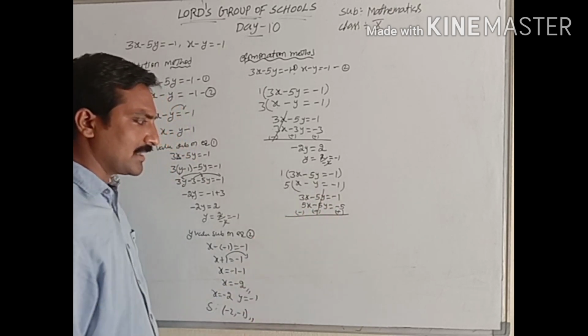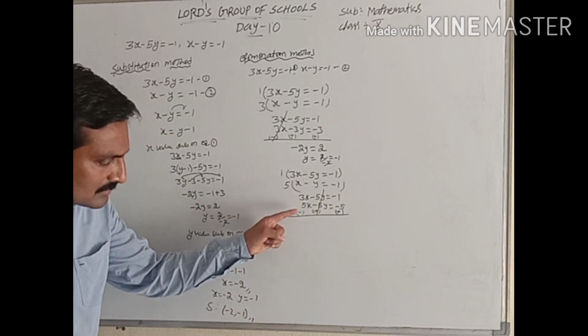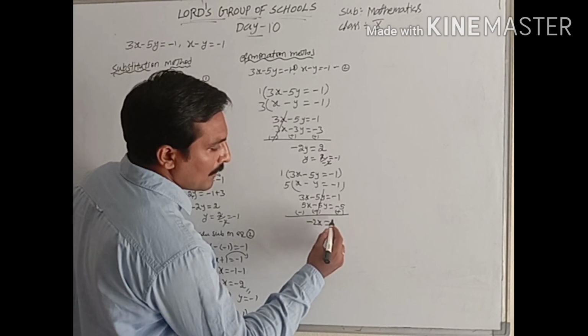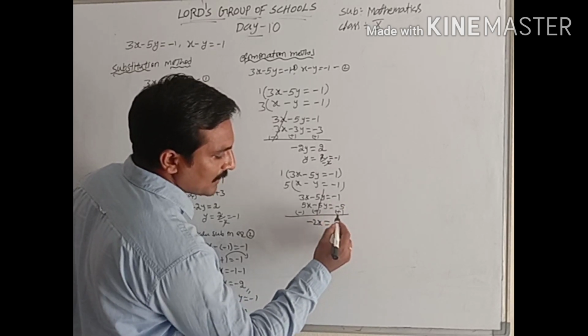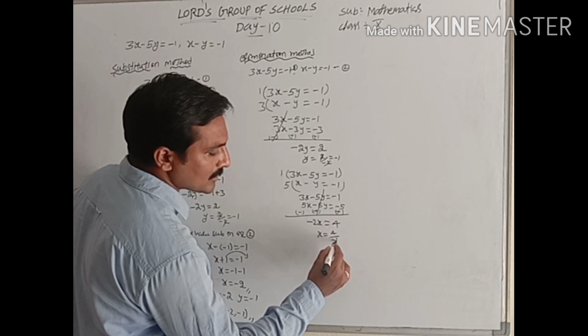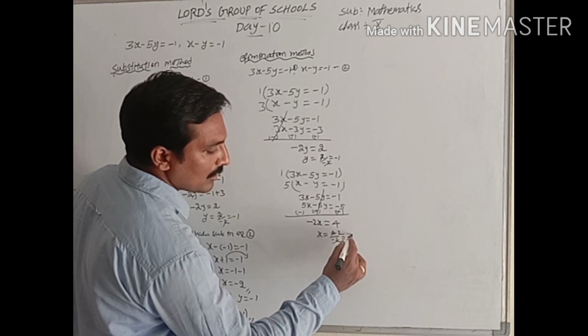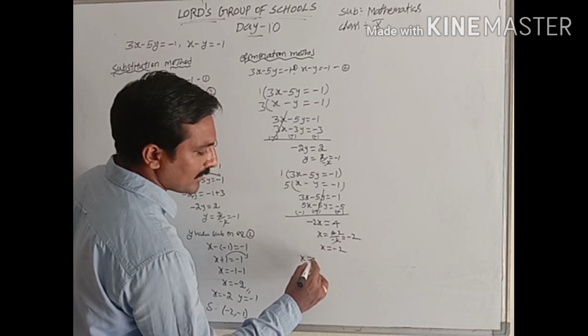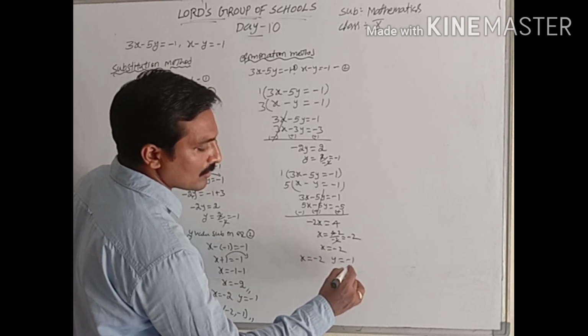These two will be cancelled. Plus 3x minus 5x is minus 2x, and minus 1 plus 5 is plus 4. x is equal to 4 by minus 2, which gives minus 2. The x value is minus 2. Therefore x is equal to minus 2, y is equal to minus 1.